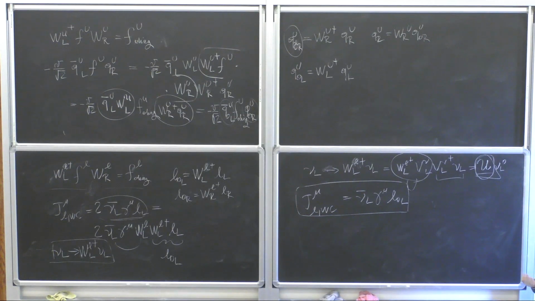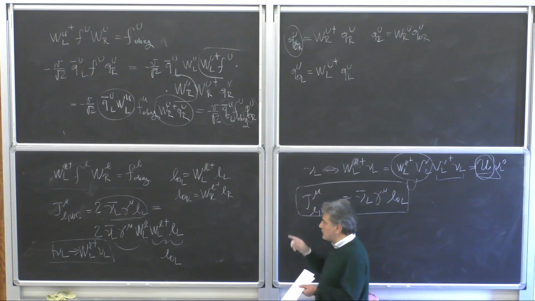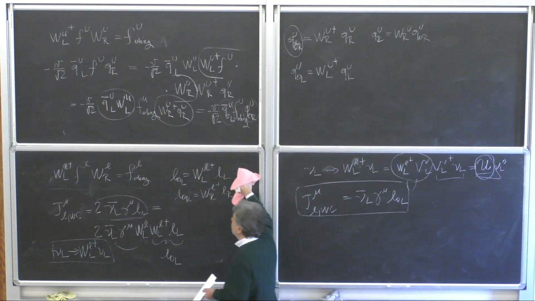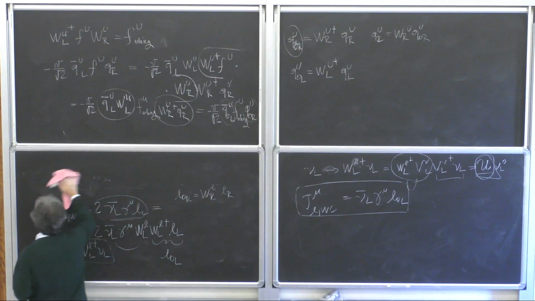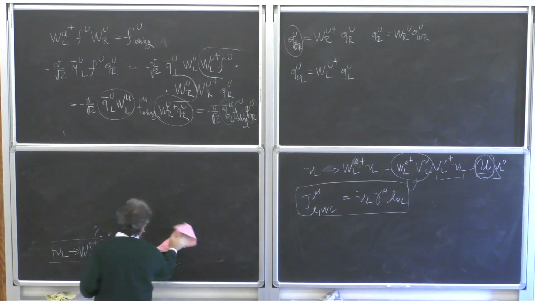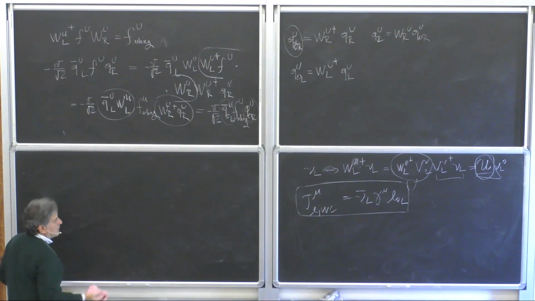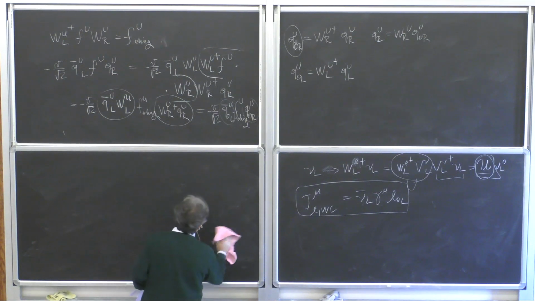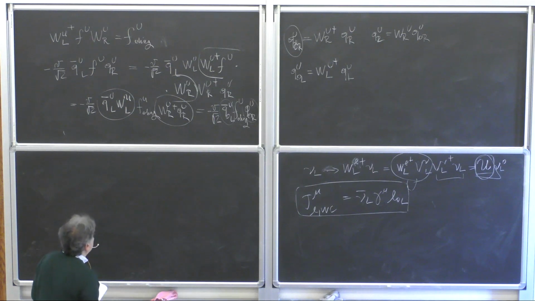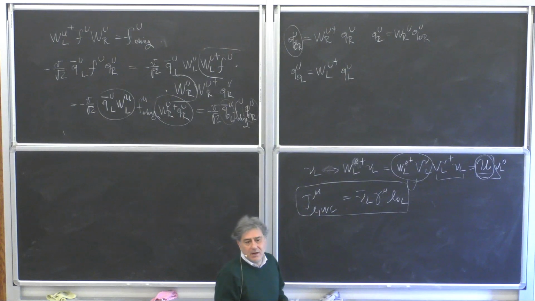But there is another way to introduce neutrino masses in the theory. What we have done in this minimal extension of the standard model was to introduce, in a completely analogous way to what we have done for charged leptons and quarks, the right-handed component for neutrinos, and that's why they are called Dirac masses.